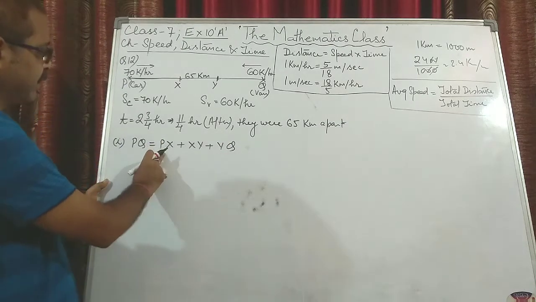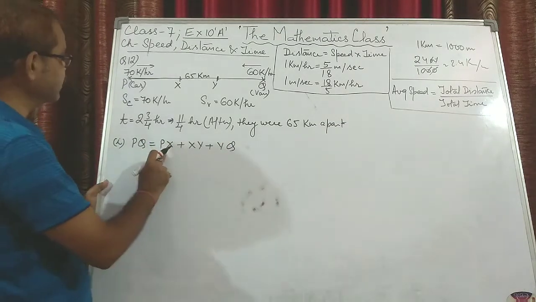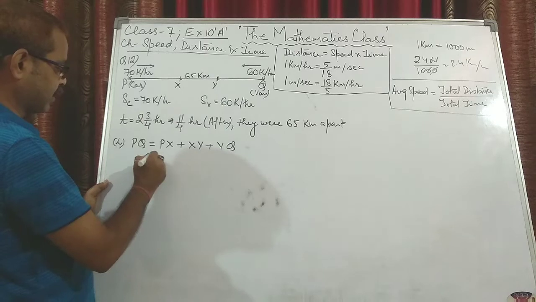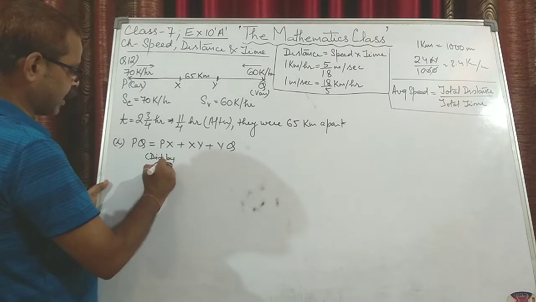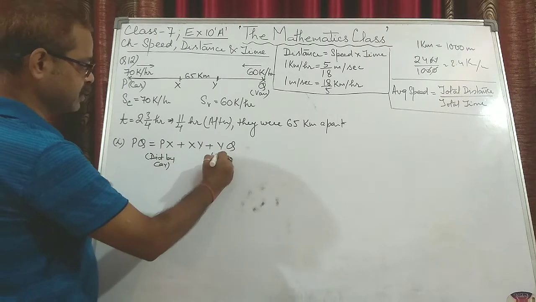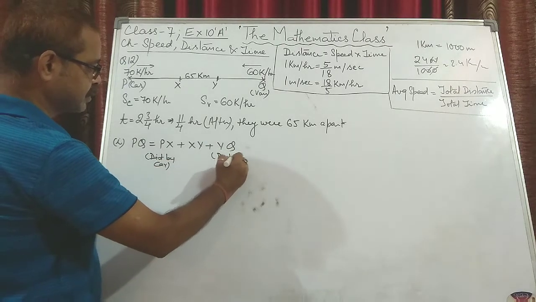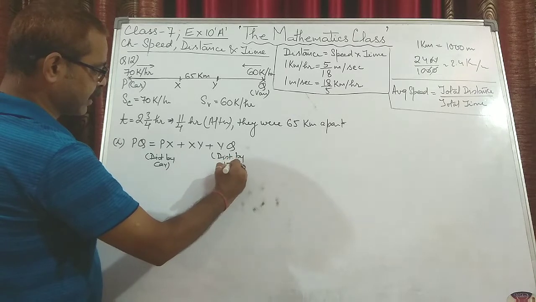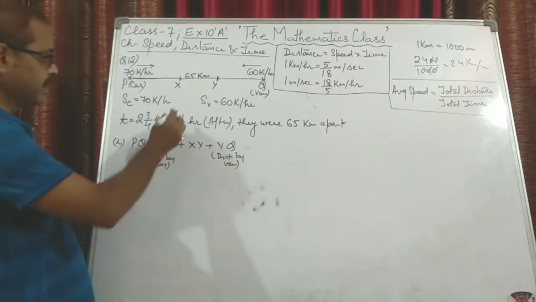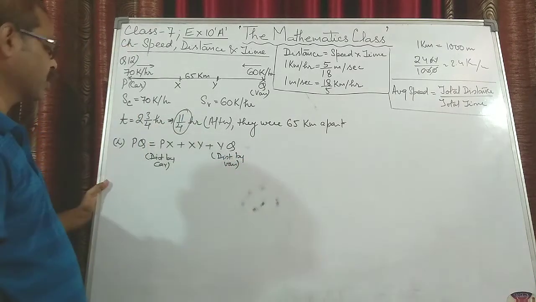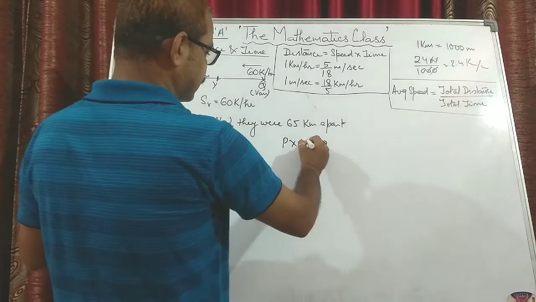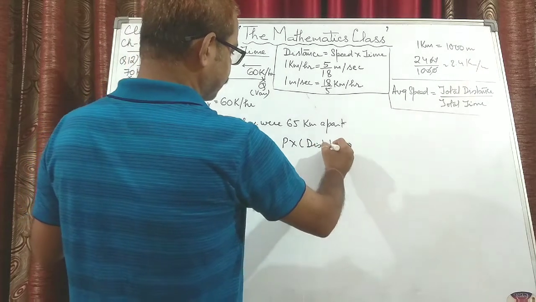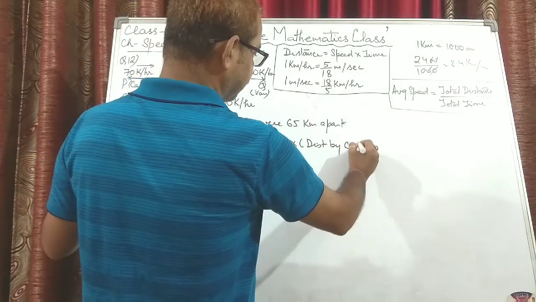Here PX is the distance traveled by the car, and YQ is the distance traveled by the van, in 11/4 hours.